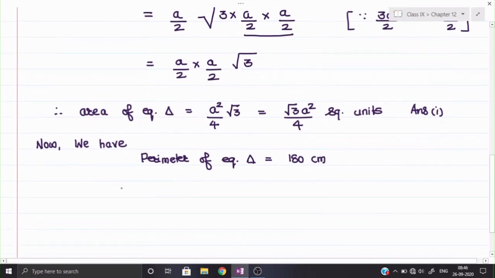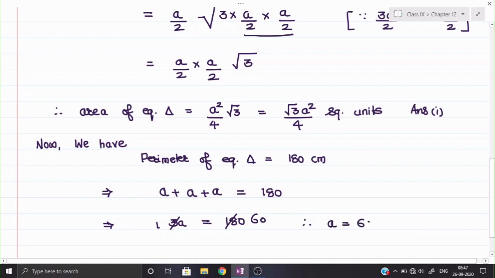If you don't know, apply the formula sum of all sides. Perimeter means what? Sum of all sides of triangle. And what sides we have given? A plus A plus A, all the three sides are equal, so their addition will be A plus A plus A is equal to 180. So A plus A plus A will be equal to 3A is equal to 180. Now 3 and 180 we can cancel, remaining is here 60. So value of A is coming here 60 centimeter, okay.